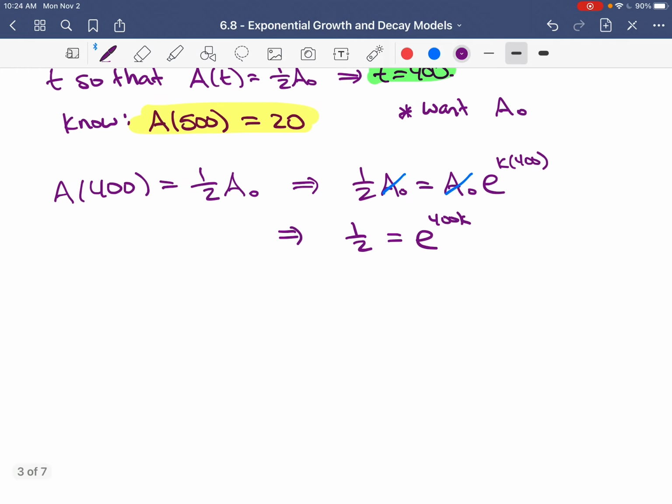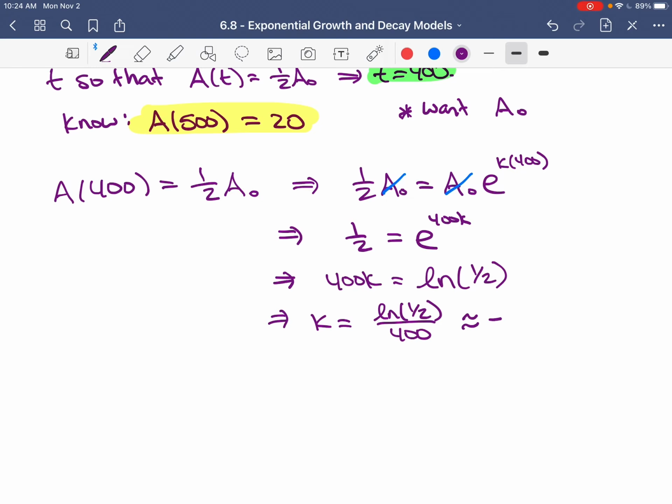Now you can either take the ln of both sides or swap using the relationship. So the exponent, 400k, is equal to ln, which is log base e, of 1/2. So that means our k is ln of 1/2 divided by 400. Now if you compute this, it looks like negative 0.001733. But we're actually going to use this exact expression.